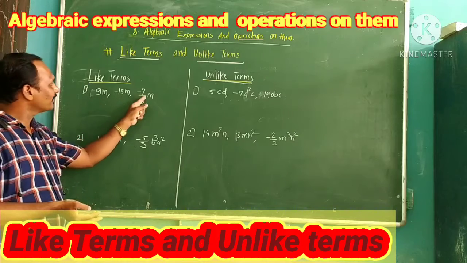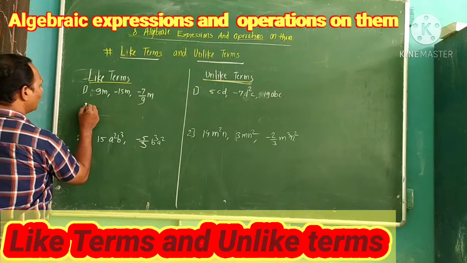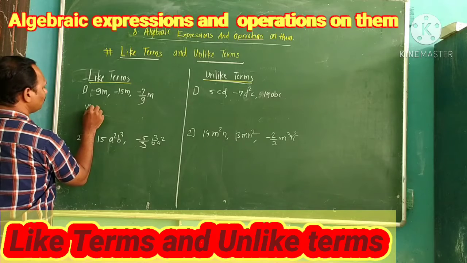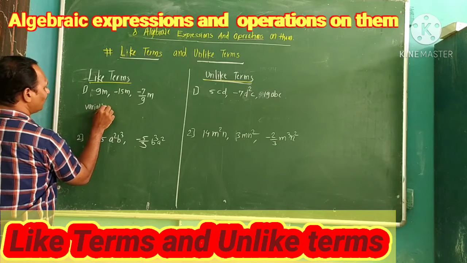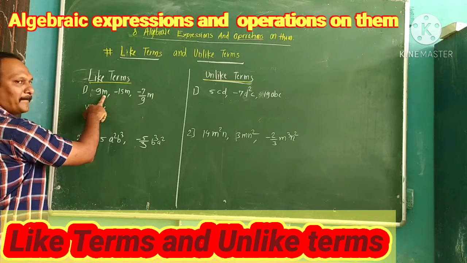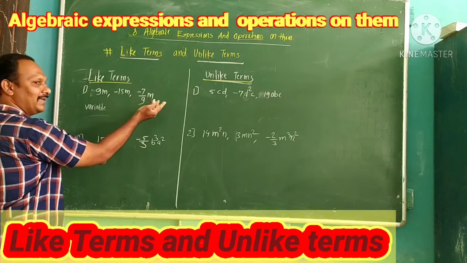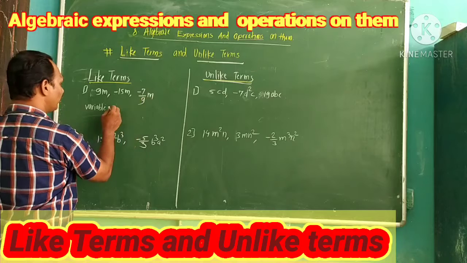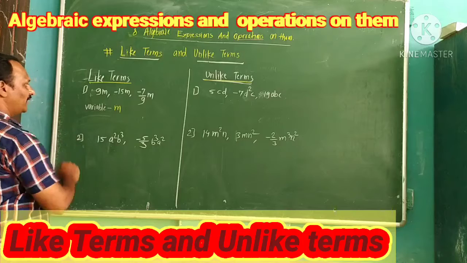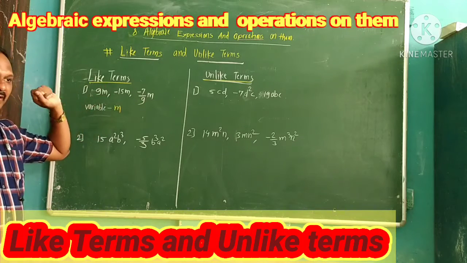First, what is the variable? In all three terms, m is the variable. In the first term there is m, the second term also has m, and the third term also has m. So in all these three terms, m is a variable.